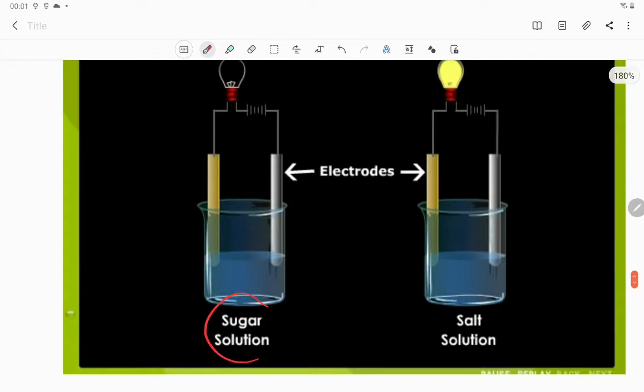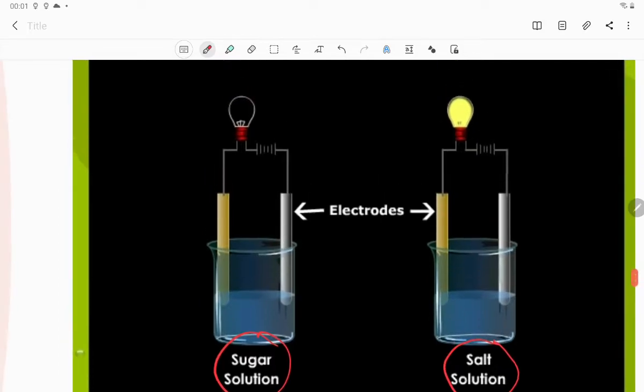So take a look here. We have sugar solution and salt solution.